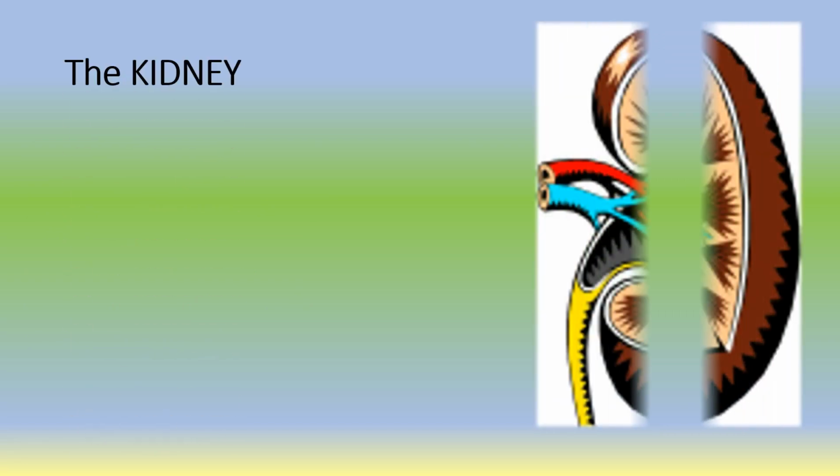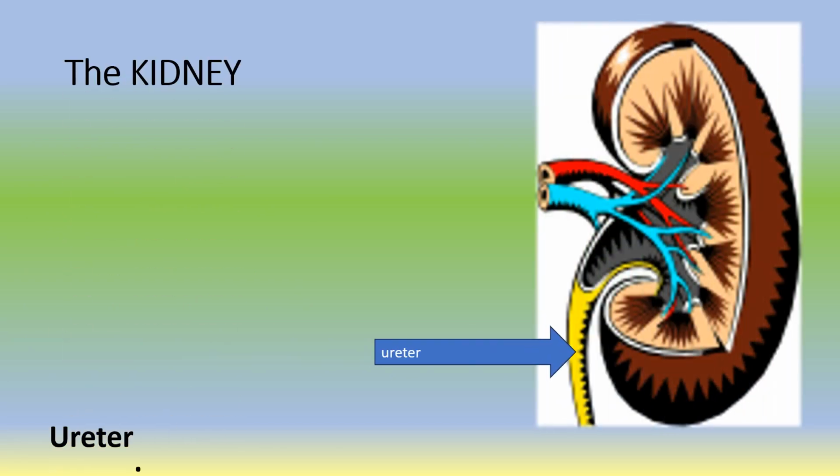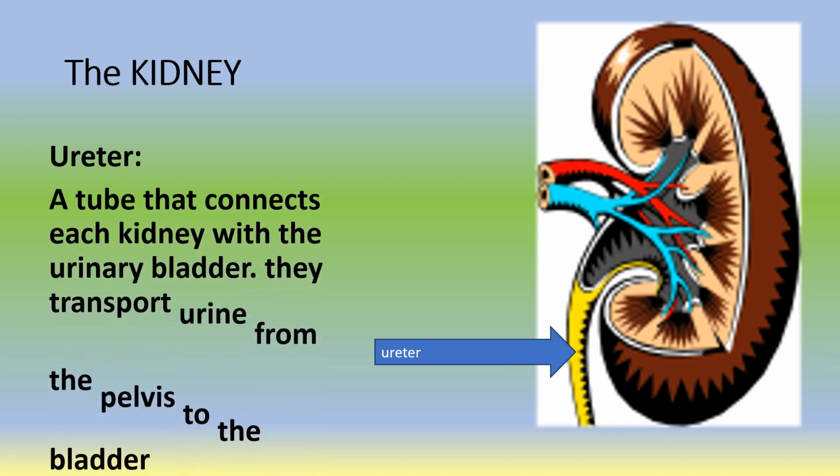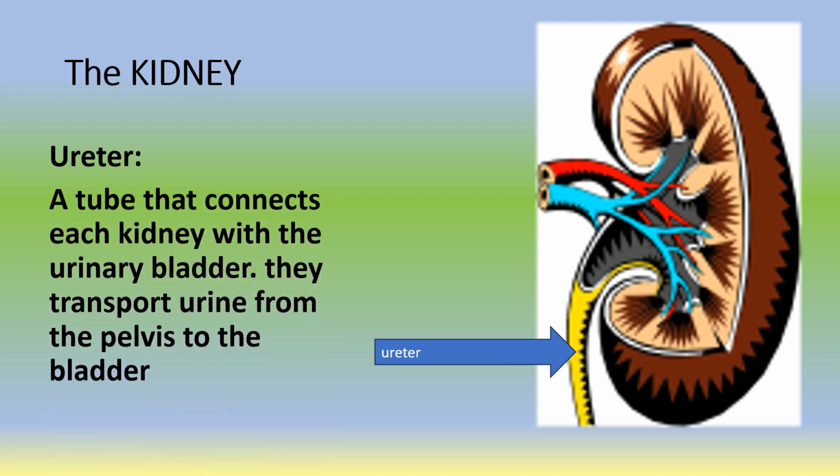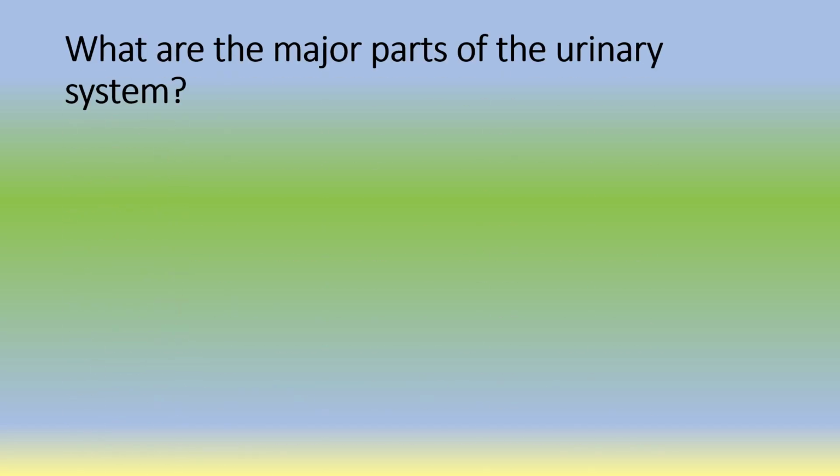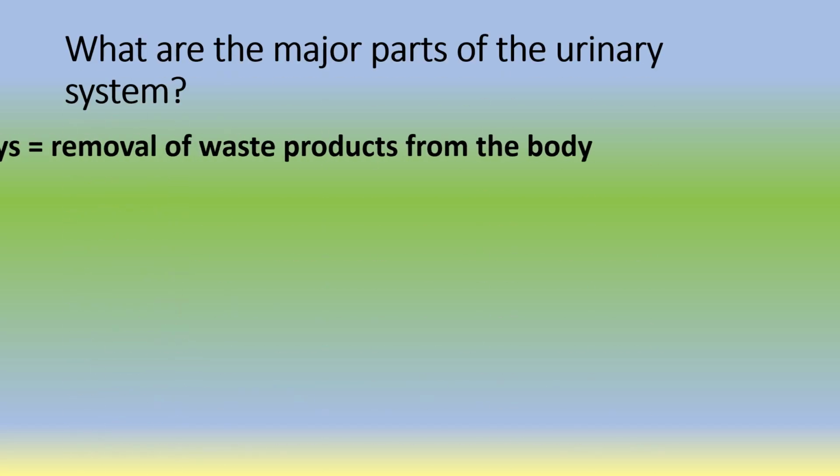Now the next one is the ureter. It's a tube that connects each kidney with the urinary bladder. They transport urine from the pelvis to the bladder. So what are the major parts of the urinary system?